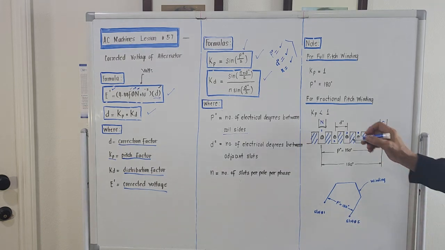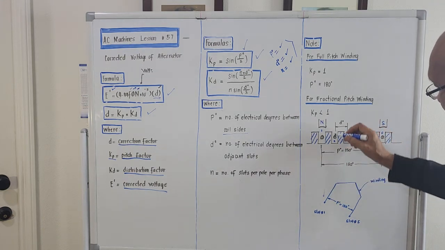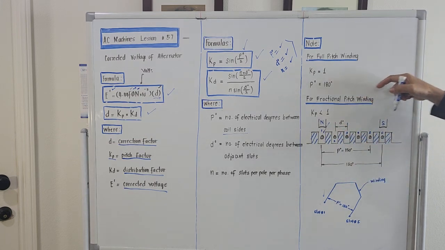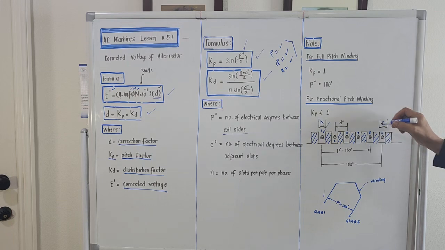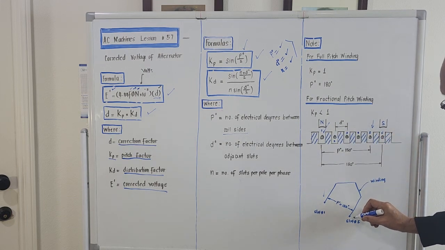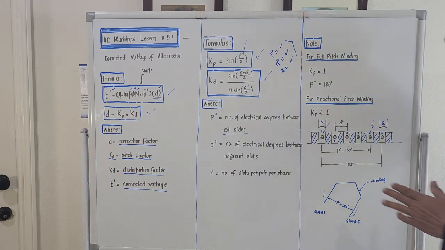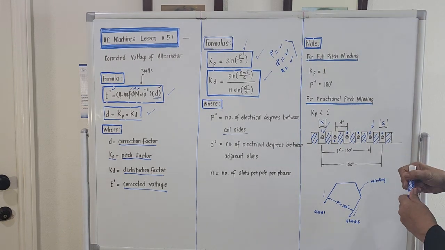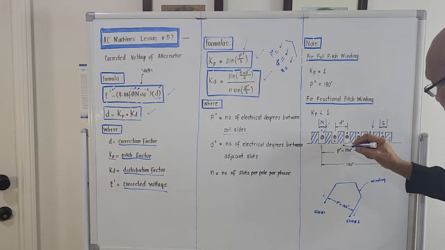So this part here enters here, goes to the back, then enters slot number 5 and goes out at slot number 5. The angle between slot number 1 and number 5 is termed as the so-called P degree.